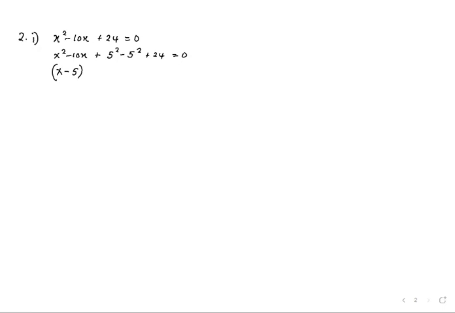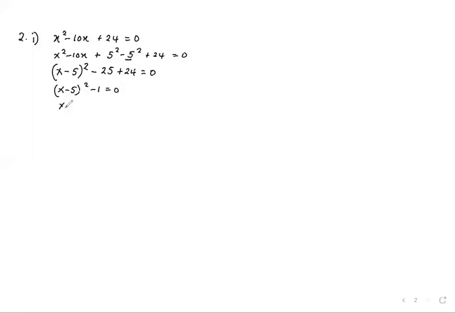So minus 5, have it squared, and then minus 25. That one which remains is that you square, and then add the 24 is equal to 0. And then we have x minus 5 squared minus 1 is equal to 0.